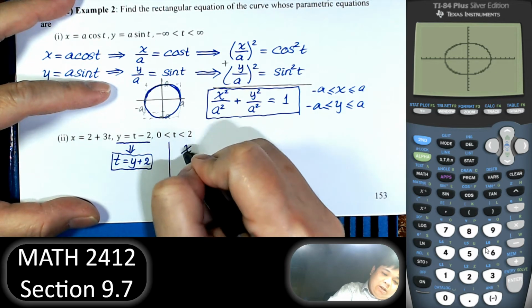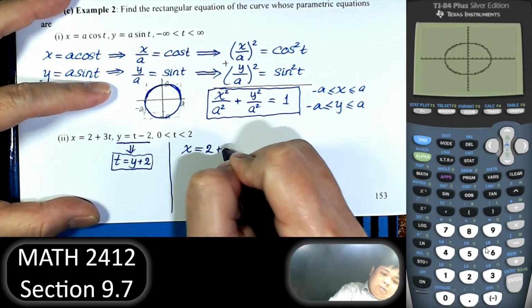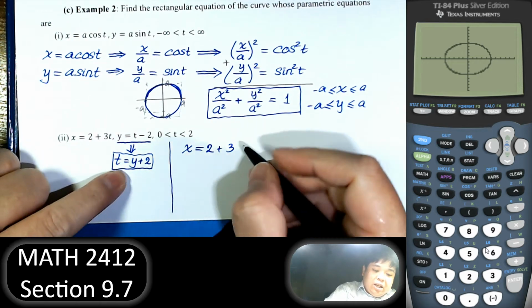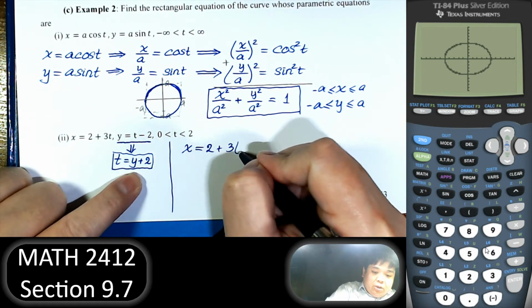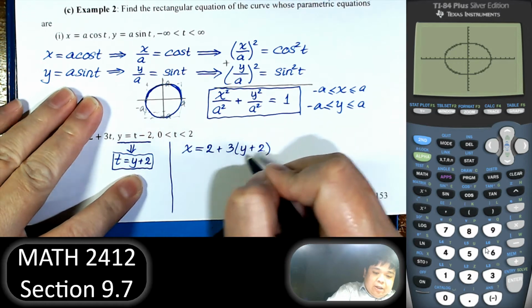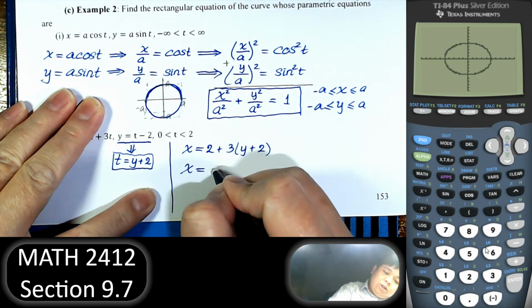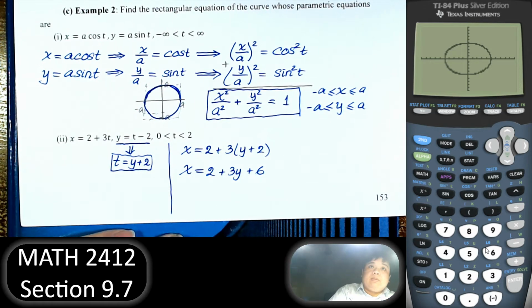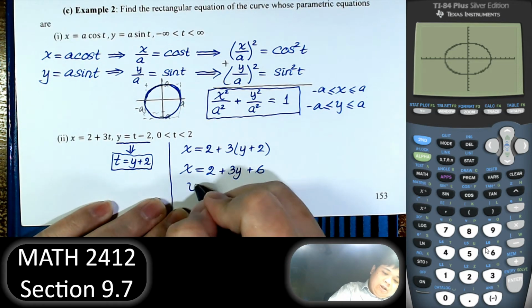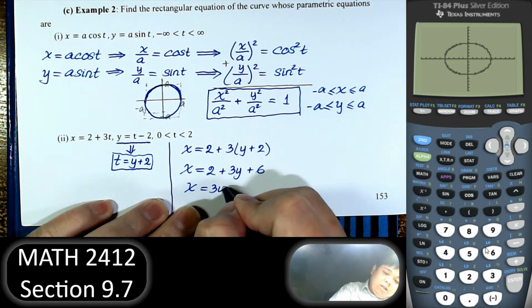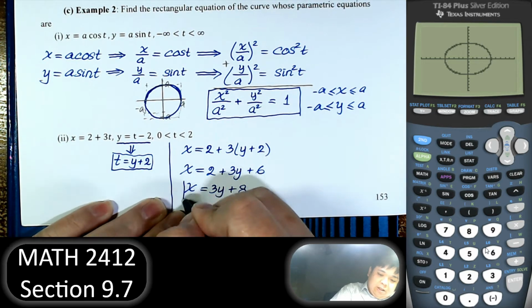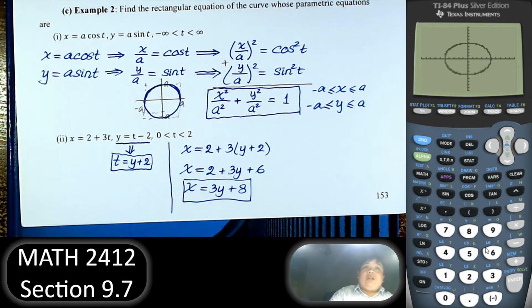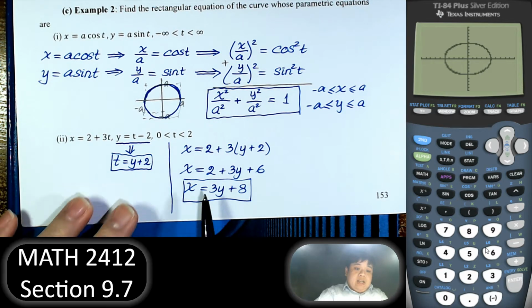So we have x equal to 2 plus 3 times t, where t is y plus 2. And multiply it out, x equal to 2 plus 3y plus 6, or x equal to 3y plus 8.